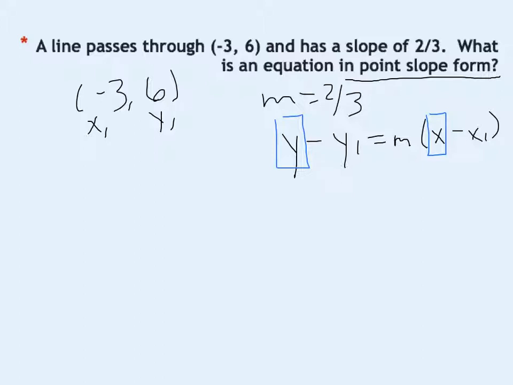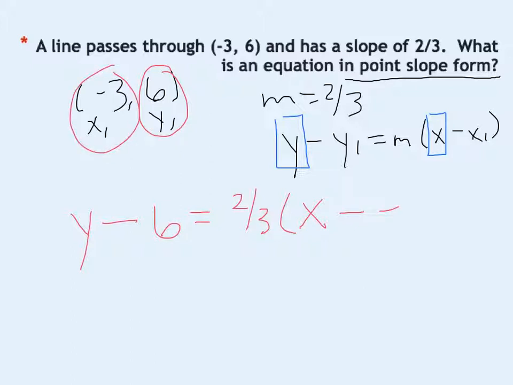So now I'm going to write in my point-slope form. y stays as y, and then I have minus my y1, which is 6, is equal to my slope, 2/3, and then I have x minus my x1, which is -3.